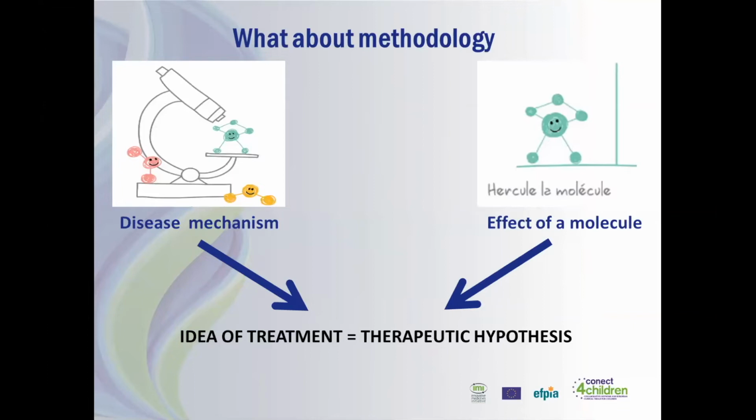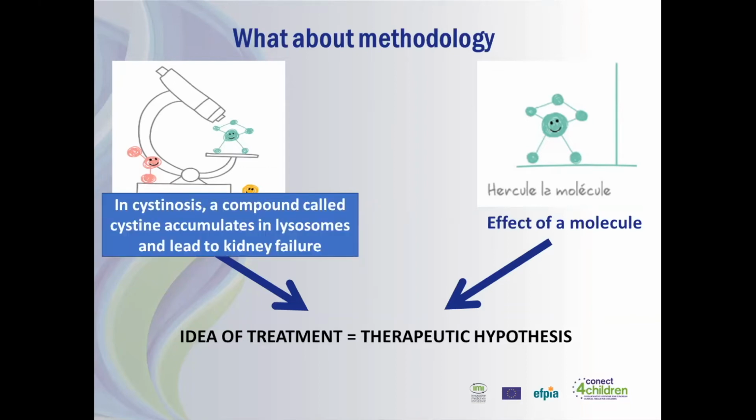So we said that everything started with knowing the mechanism of a disease and a researcher who thinks that a molecule can have an effect on these mechanisms. So this is the idea of the treatment and the therapeutic hypothesis that we start with in the clinical trial protocol. So for example, in cystinosis, a very rare disease, a compound called cystine gets accumulated in lysosomes and, by the way, leads to kidney failure at the age of 10 years, probably.